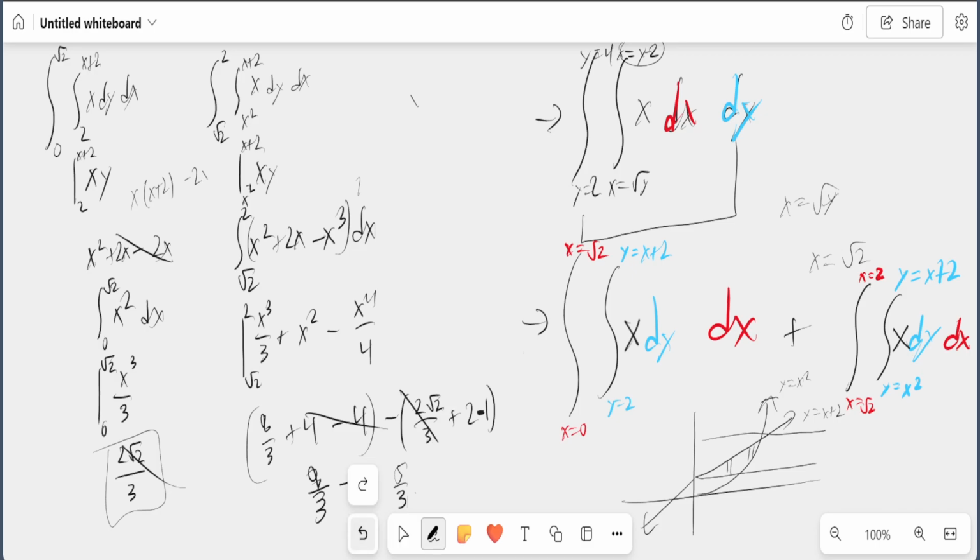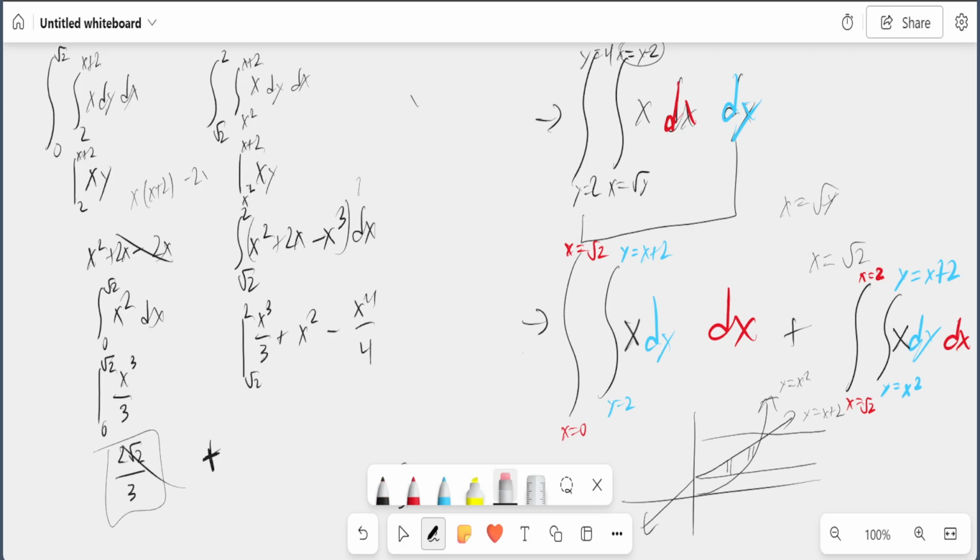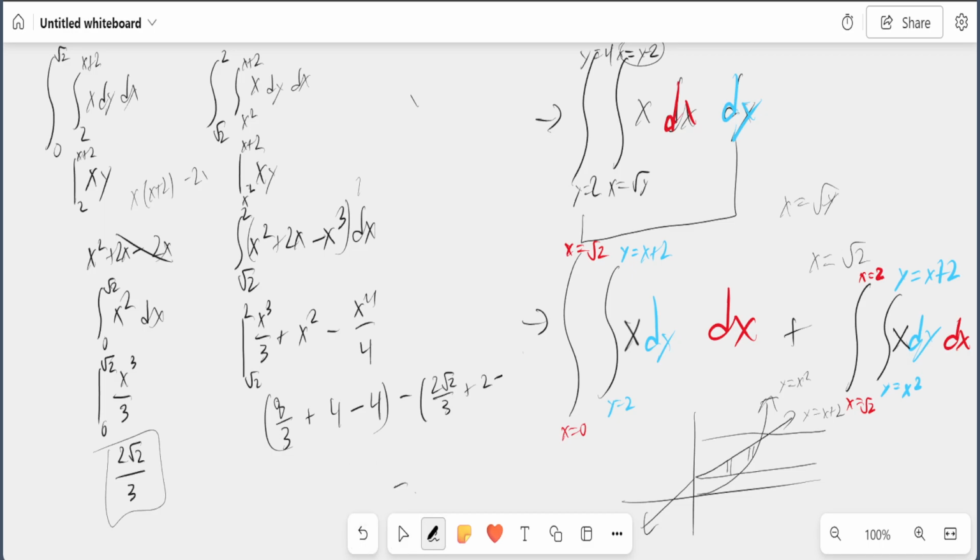Isn't it because you add these together once you figure it out? So basically you have 2 root 2 over 3, and then here in this case it's 8 thirds plus 4 minus 4 minus 2 root 2 over 3 plus 2 minus 1.